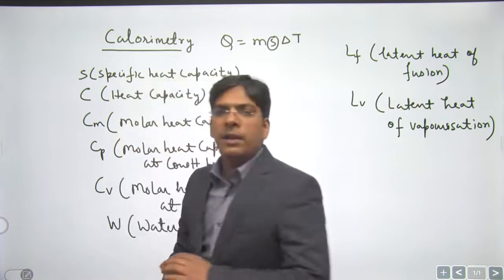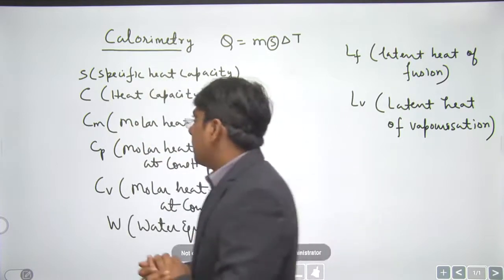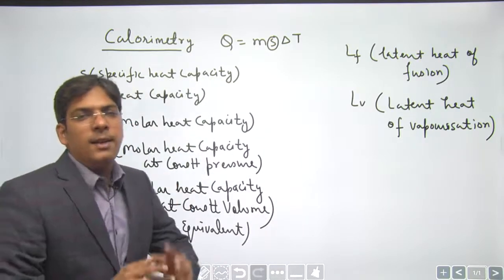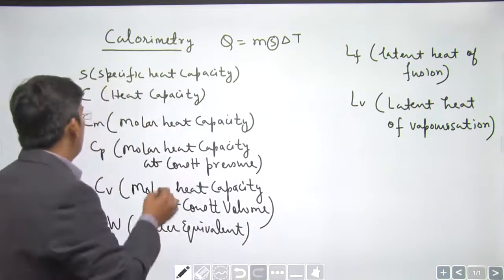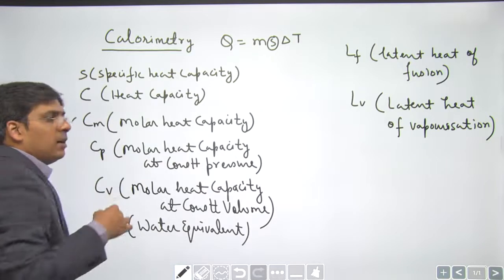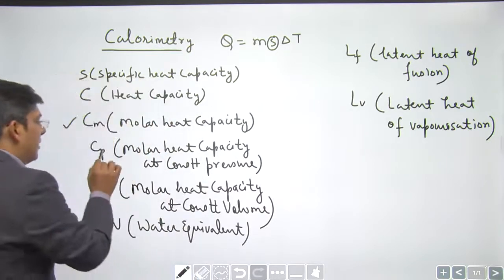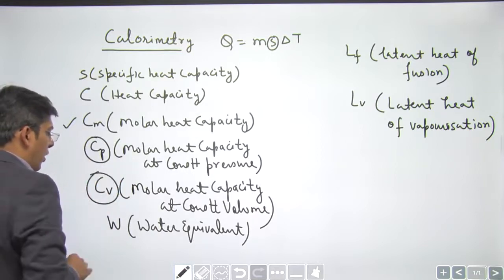Heat capacity is the heat required to raise the temperature of the whole body, irrespective of its mass, by 1 degree Celsius. Similarly, molar heat capacity is the heat required to raise the temperature of 1 mole of substance by 1 degree Celsius, with pressure constant or volume constant.